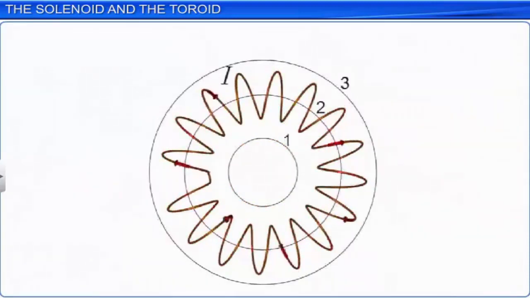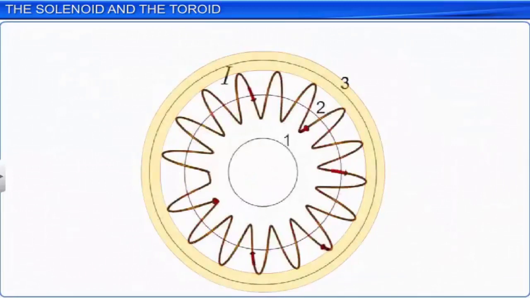The periphery of the area enclosed by loop 2 passes through the inside of the toroid such that each turn of the toroid is cut by the area of loop 2 once. On the other hand, the area bound by loop 3 extends over to the exterior space of the toroid. Hence, the area bound by loop 3 cuts each turn of the toroid twice.